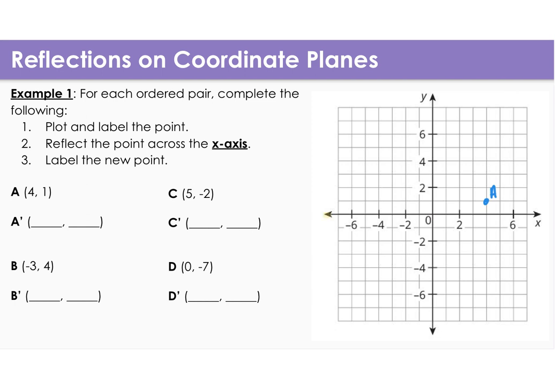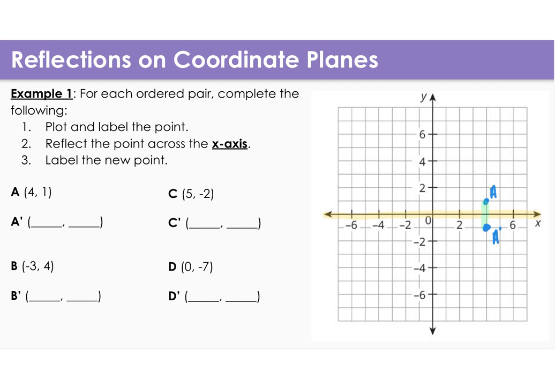So we need to know this is the x-axis. So if this is 1 up here, that means I'm just going to move it to 1 below, or on the other side of the x-axis.